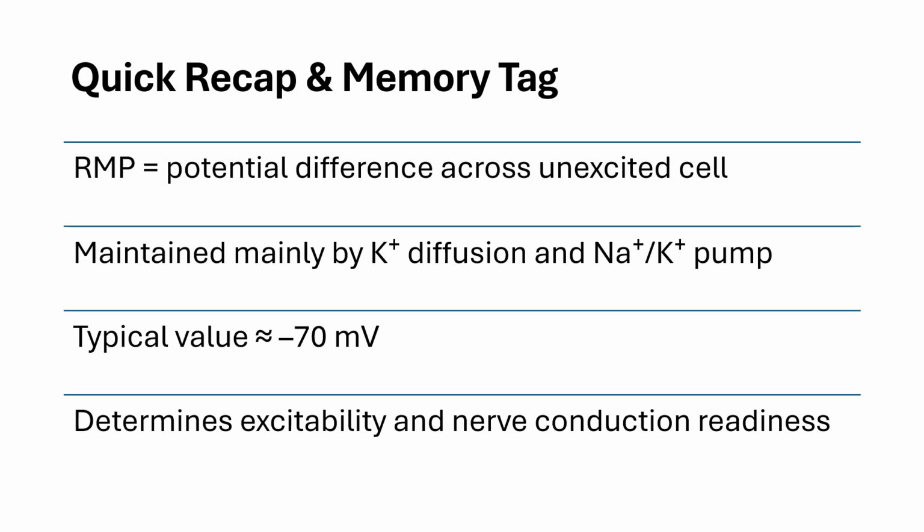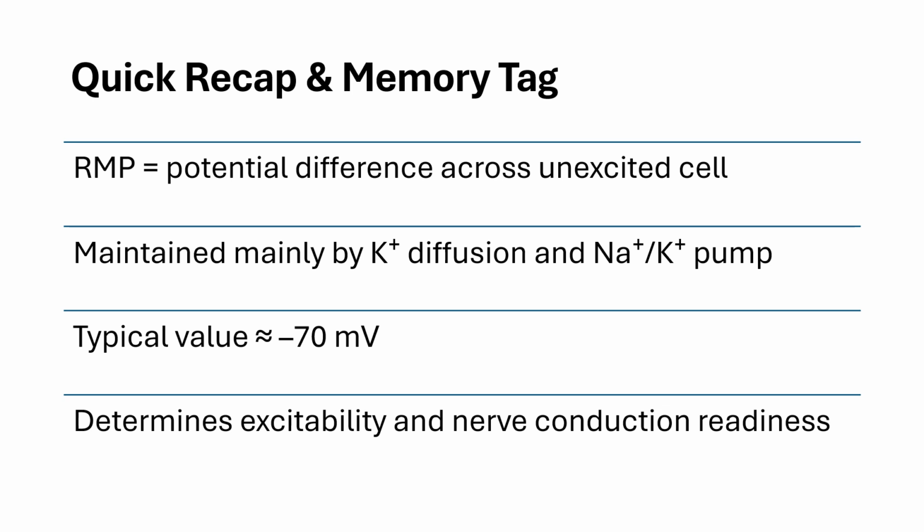Second, this voltage is maintained mainly by two forces: diffusion of potassium through leak channels and the steady work of the sodium potassium ATPase pump that sustains the ion gradients. Third, the typical value is around minus 70 millivolts in neurons, which is closer to the potassium equilibrium potential because of the membrane's higher potassium permeability.